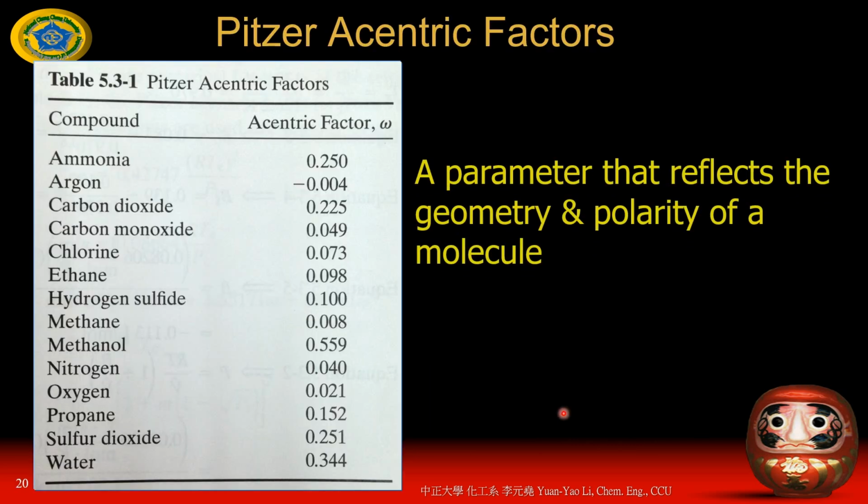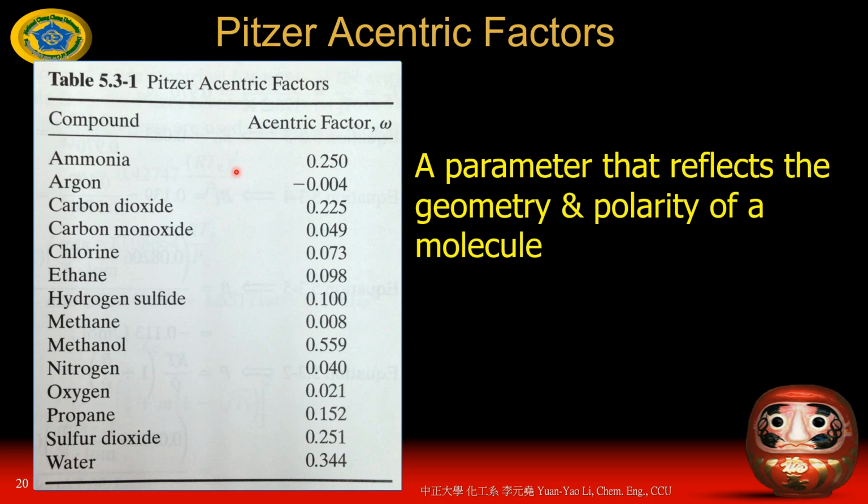So on the next page, I want to show you the acentric factor. If omega is close to 0, that means it's non-polar. Here I want to show you argon is a non-polar species, so the omega is almost 0. And methane, which is a non-polar molecule, is almost 0.